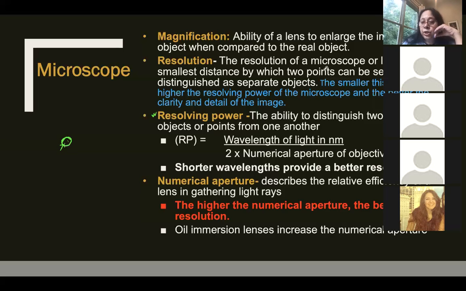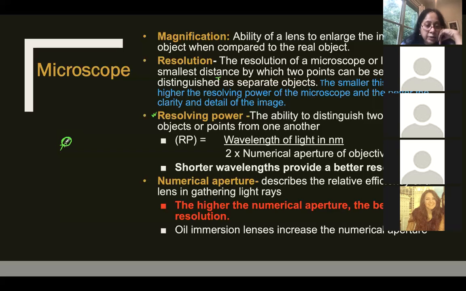The resolution of a microscope or lens is the smallest distance by which two points can be seen and still be distinguished as separate objects. If the microscope can separate out these two objects, that's a very characteristic feature, and we call that feature resolving power.